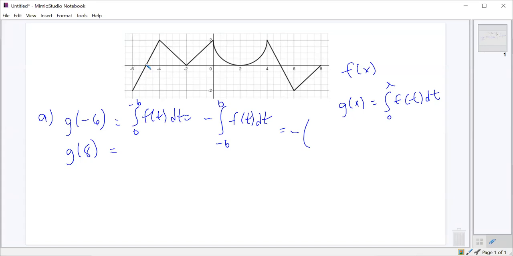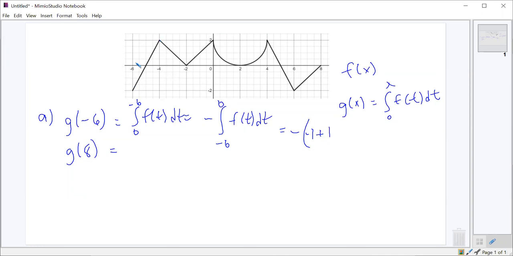So we have the opposite of. From -6 to -5, that's a base of 1 and a height of 2. So that should be 1/2 of 2 times 1, so that's a 1. And this here, sorry, that's a -1 though. This up here is the same, so that's a +1.